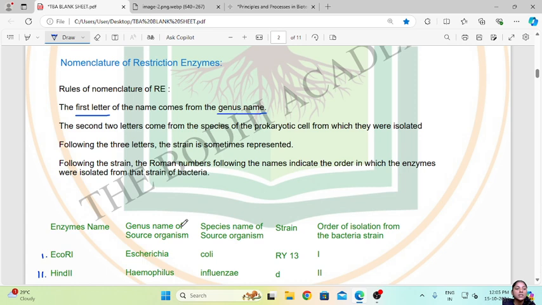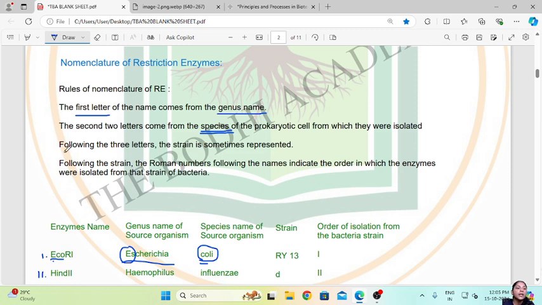What is the genus name of the source organism? It is Escherichia. So the first E will be taken as the first letter. Then the next two letters come from the species of the prokaryotic cell from which they were isolated. The species is coli, so C and O will be taken. So E for Escherichia, C and O from the species, Eco.